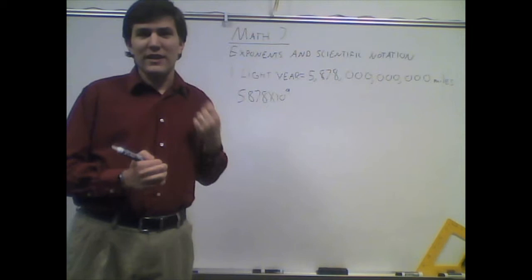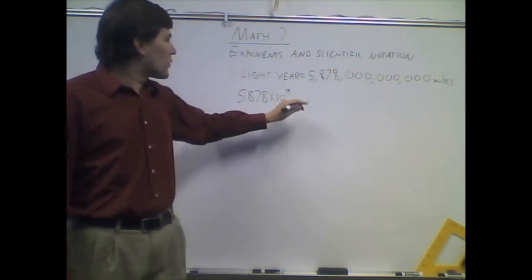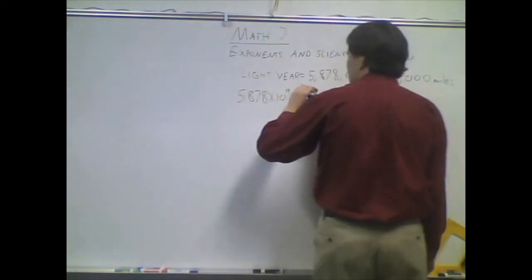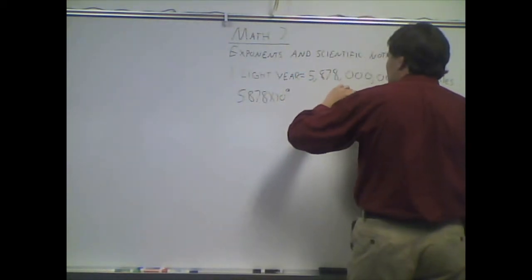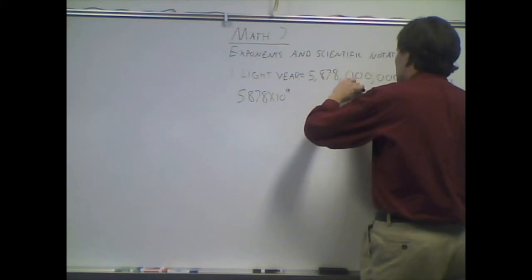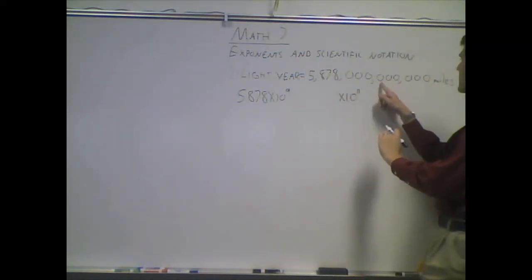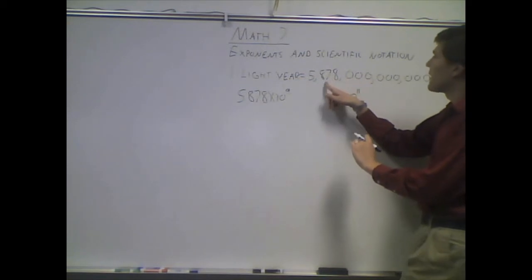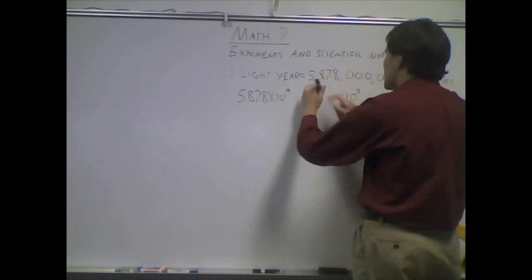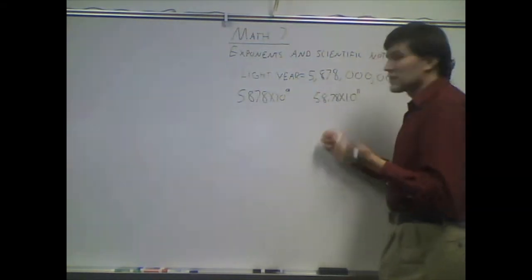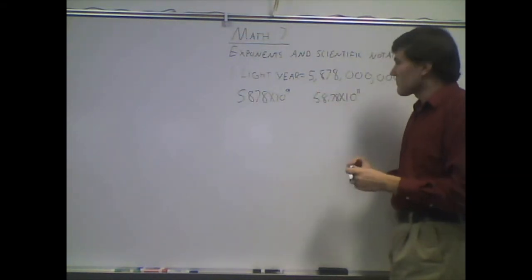So we can write it in several different ways. We could keep on adding powers of 10. If we did times 10 to the 11th, we'd start here, 1, 2, 3, 4, 5, 6, 7, 8, 9, 10, 11 decimal places. So this would be 58.78 times 10 to the 11th.